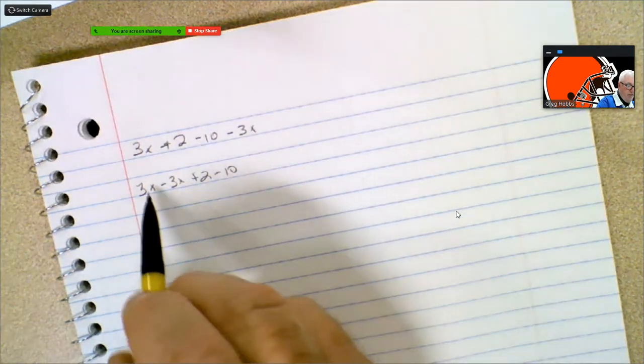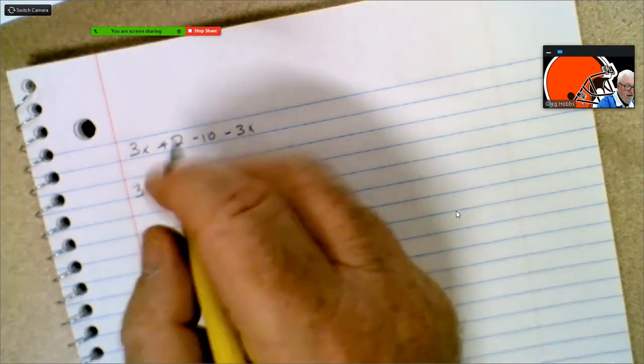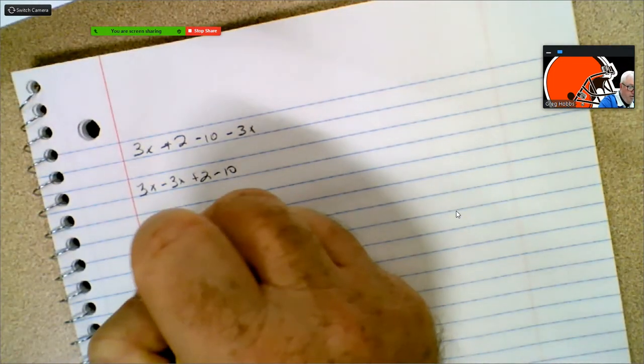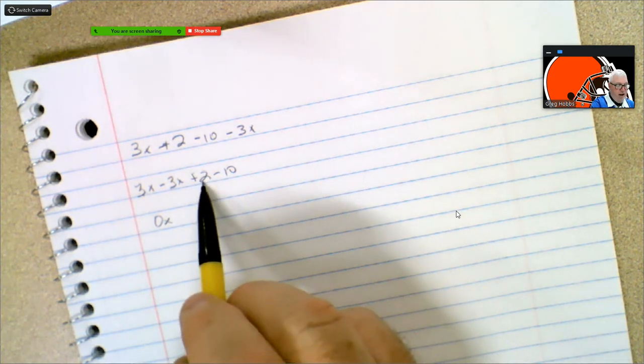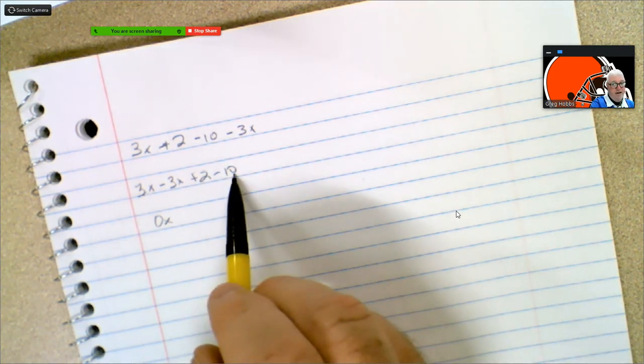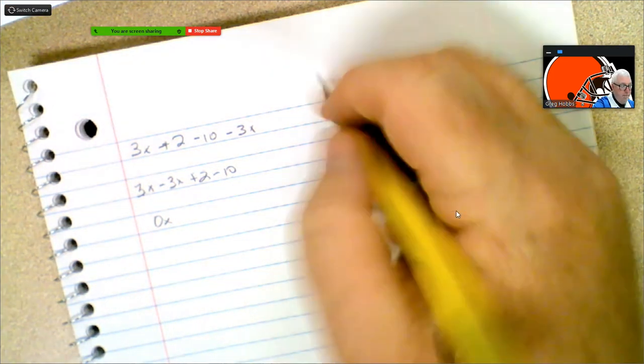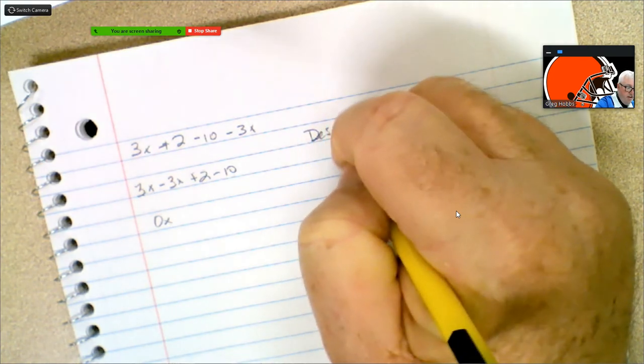But you can see that 3x minus 3x equals, I end up with no x's. So I'll put 0 x's down, but we're not going to keep that because we're simplifying it. And then you have to know how to do 2 minus 10. Again, this goes back to integers. I'll say it again. Desmos.com.